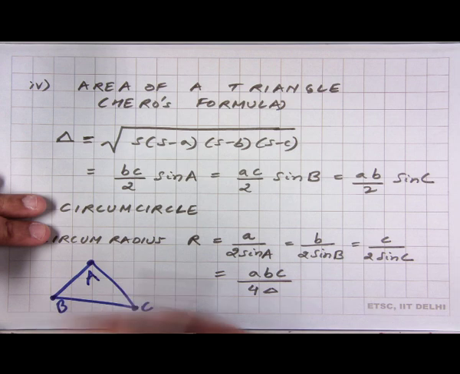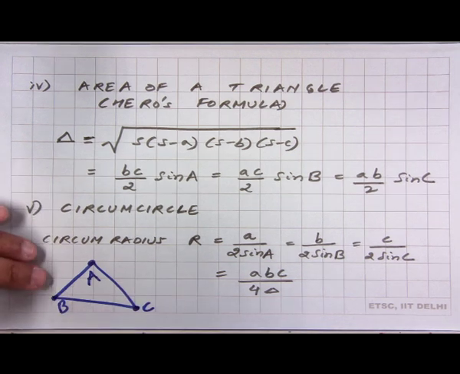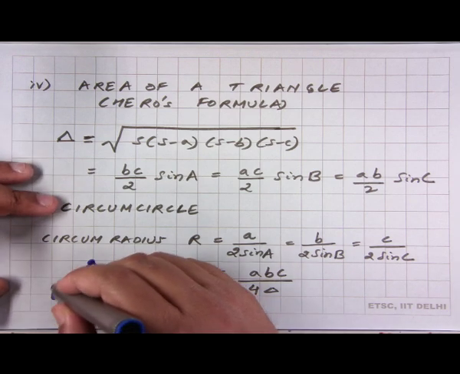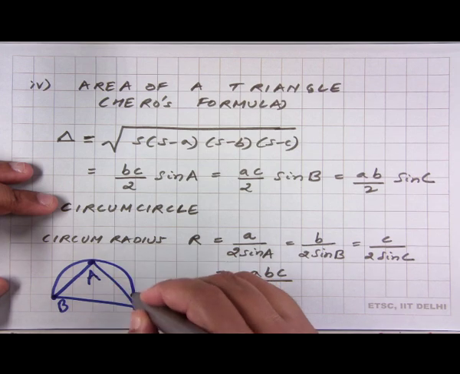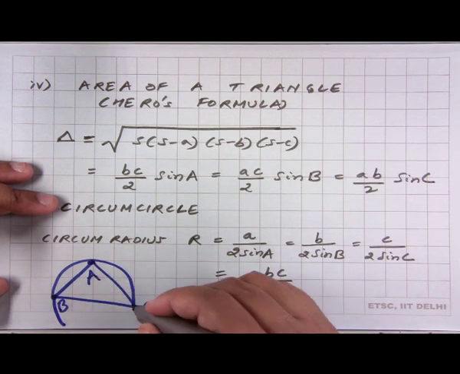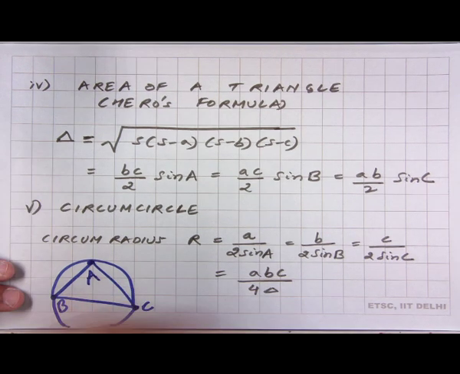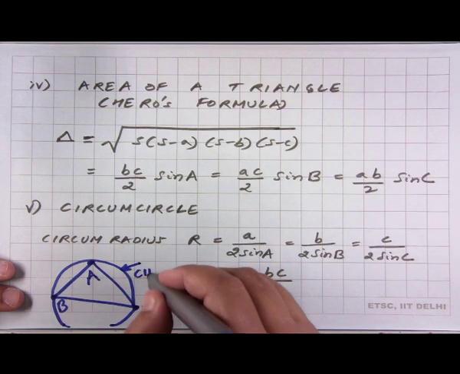So, let us say if the vertices are A, B and C, then the circumcircle of this triangle is the unique circle such that these 3 points A, B and C lie on the circumference of this circle. So, it will be something like this, of course. So, this will be the circumcircle.